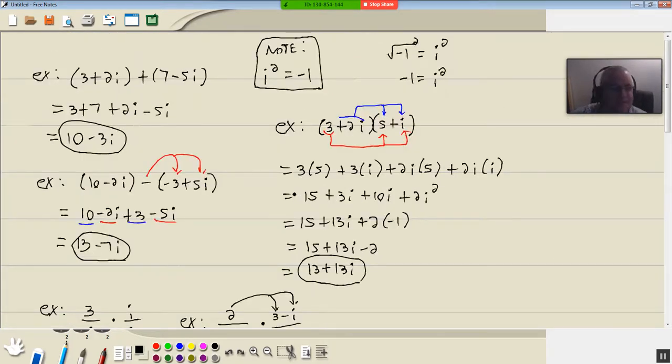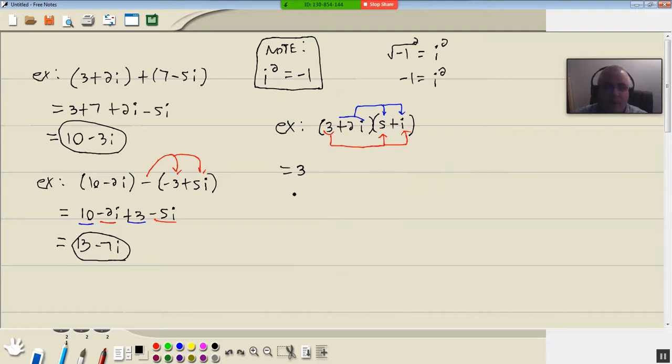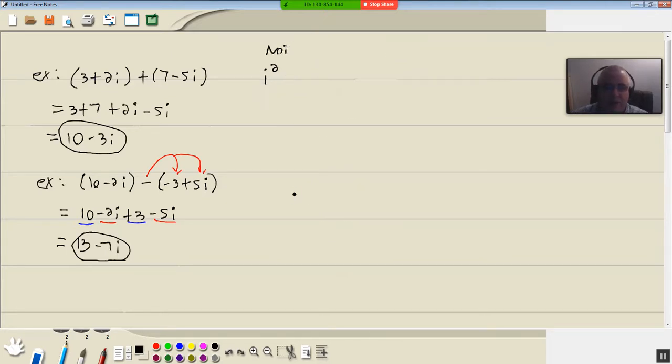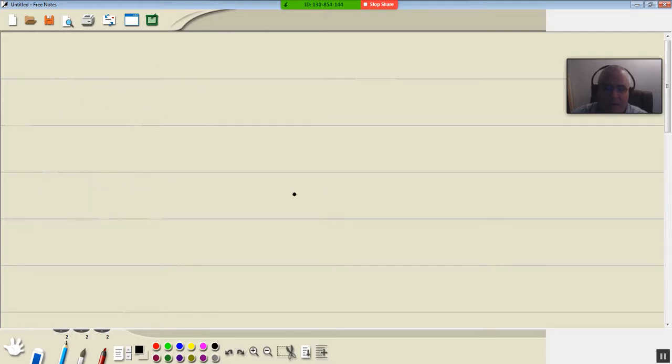Okay, powers of i. Let me erase this. I'm not going to show how to derive the powers of i. So powers of i.